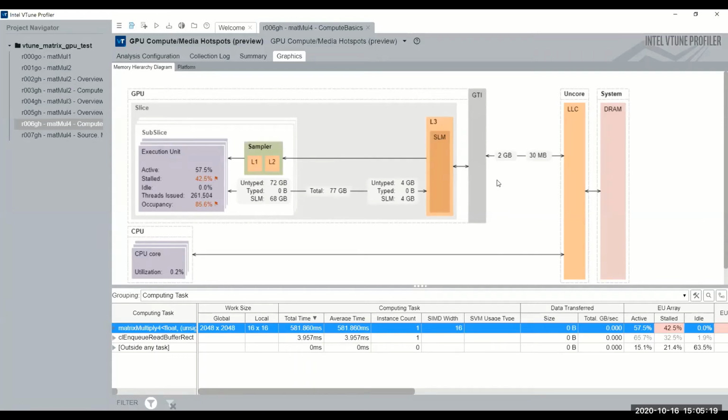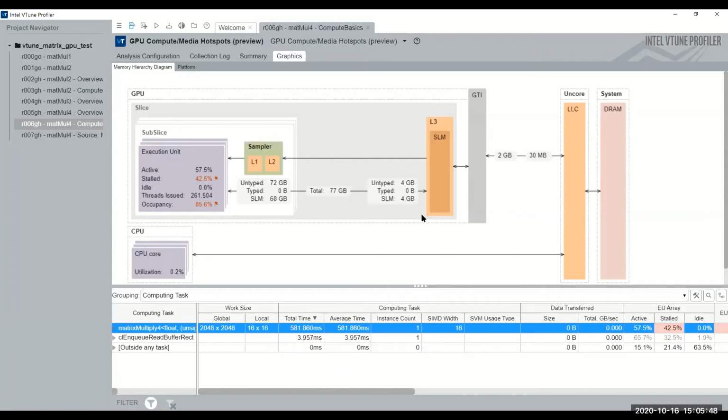Although we decreased significantly the amount of data being fetched from DRAM, and most of the data is in level 3, which is much faster, that's why the kernel is running much faster. But still, because of the huge amount of data being transferred between execution units and level 3 cache in the GPU, that might be another source of inefficiency.